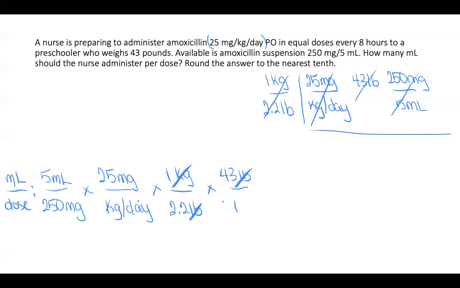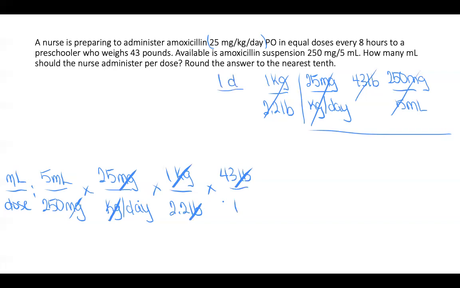Okay, kilograms and milligrams. Okay, and I'm left with milliliters per day, which does not match what I'm looking for. So I'm going to come up to my problem here, and I'm going to look at what the doctor wants us to do. He wants us to give it in equal doses every 8 hours.